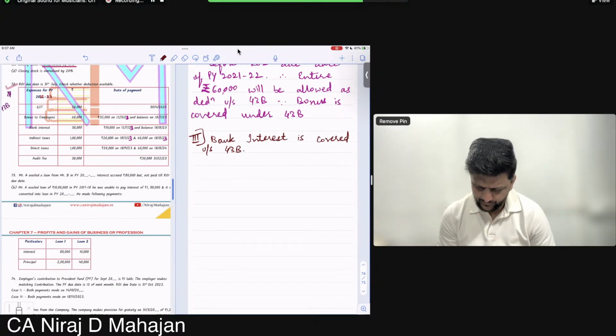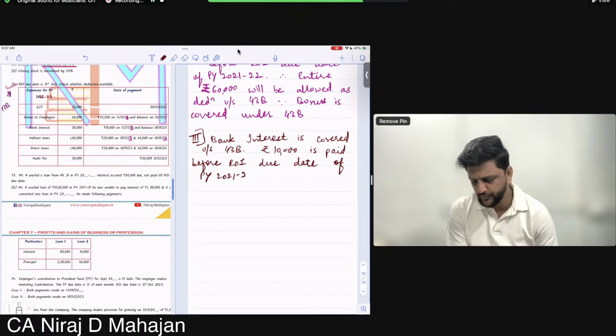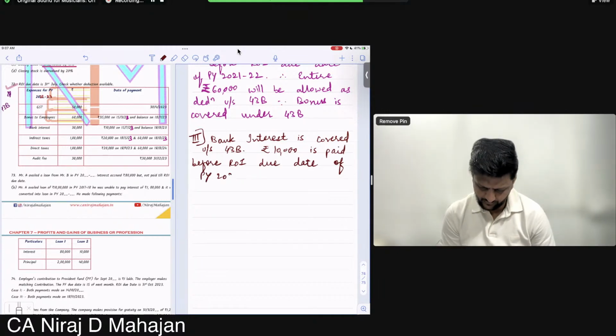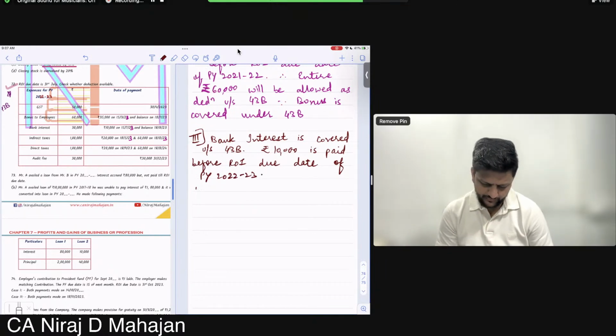Rupees 10,000 is paid before ROI due date of PY 22-23.